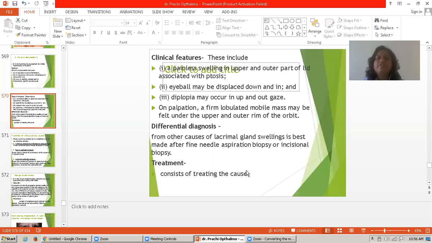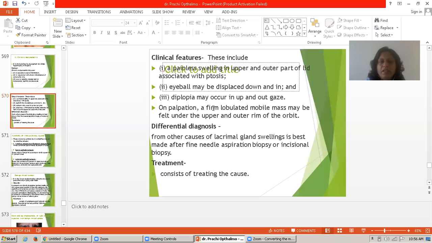The clinical features of dacryoadenitis include a painless swelling in the upper and outer part of the lid associated with ptosis. Second, the eyeball may be displaced down and in. Third, diplopia may occur in up and out gaze.